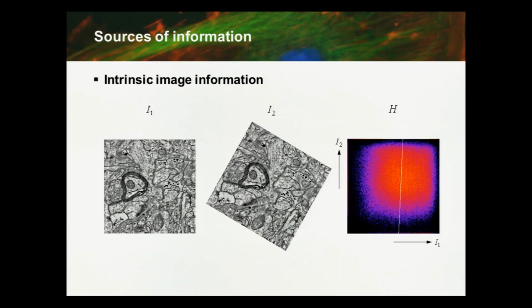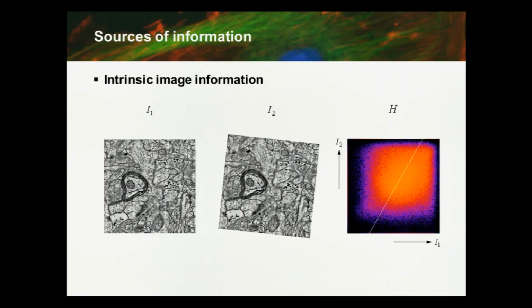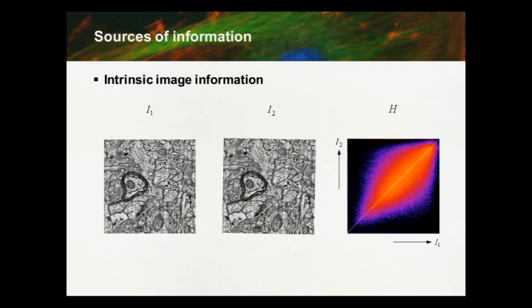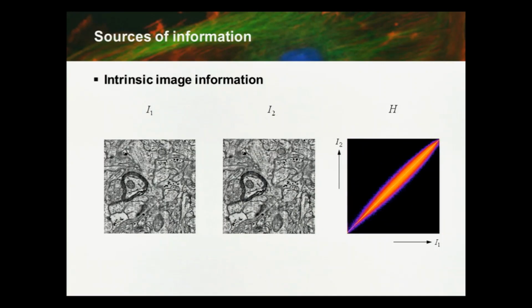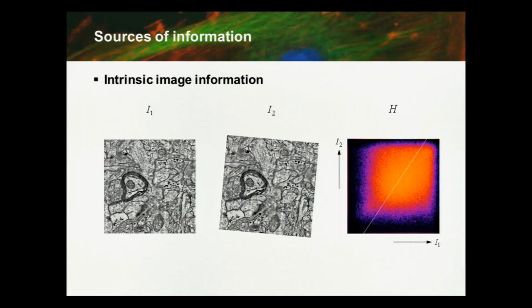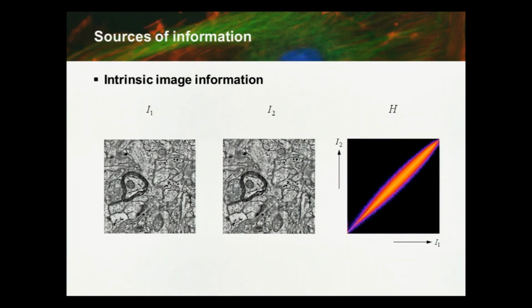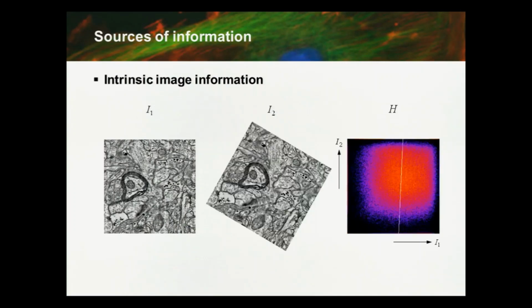But if I now start rotating this second image to make it align with this one, look what happens with the histogram. It becomes more and more peaked, the intensities start to correspond much better. So this is clearly something you can now start to do some computations on, to quantify the degree of peakedness of this joint histogram. And we'll get back to that in a second. But it's just to illustrate the effect.